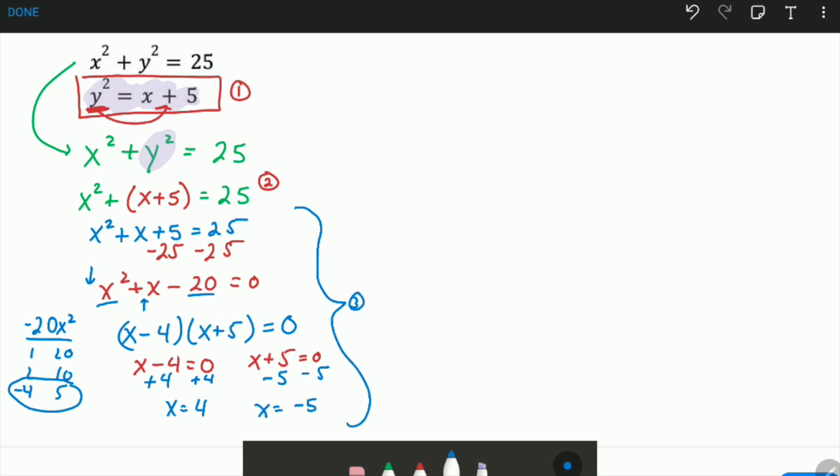Now we are doing a system here, so we still have a little bit more to do. Systems solutions are both x and y, so I need to go back and plug in the x's into one of my equations. I'm going to use the one that I had in a box. Now this is going to be a little bit different than some of the other ones we have done, mostly because we did not have y completely by itself.